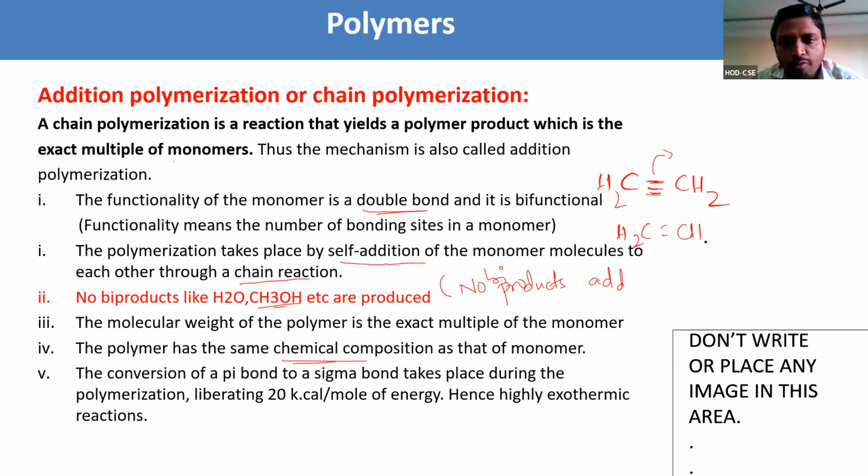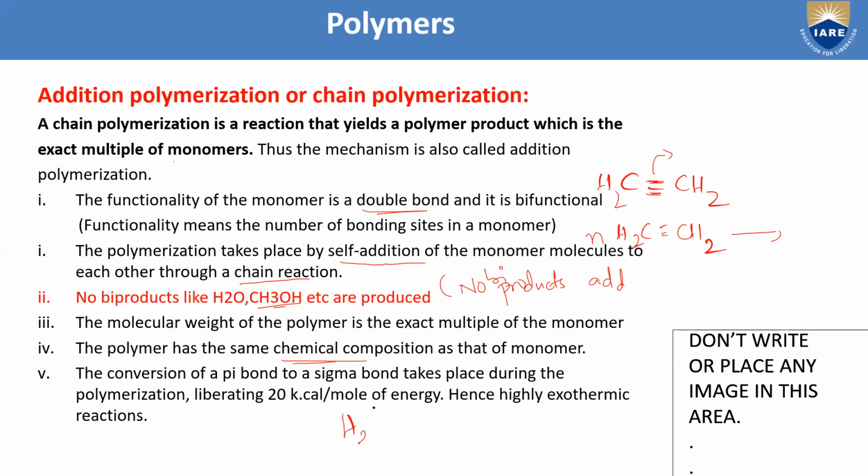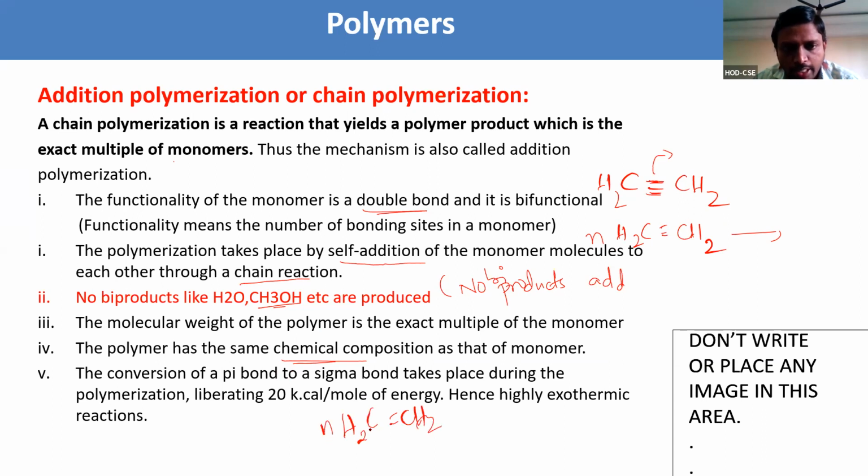Here I am writing ethylene: n H2C=CH2, where n indicates the number of monomers.